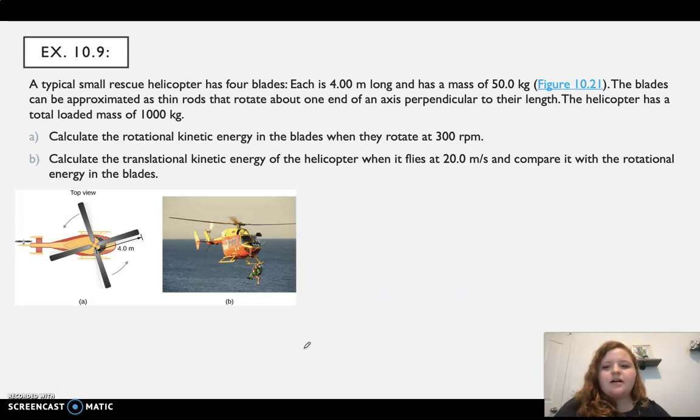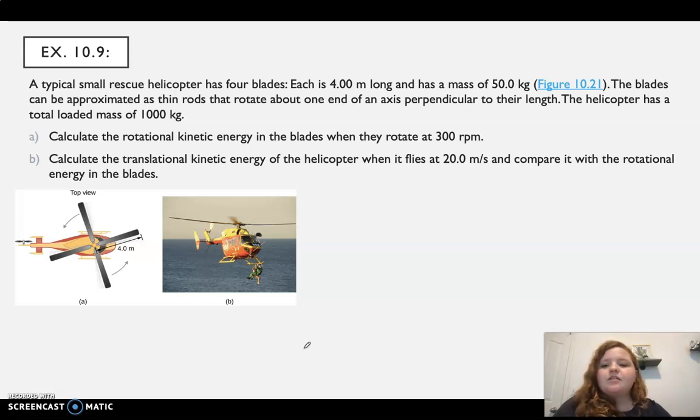I may have too many slides on the inertia portion, but I tried to kind of mix it up. So this is example 10.9. It states a small rescue helicopter has 4 blades, each 4 meters long, and has a mass of 50 kilograms.